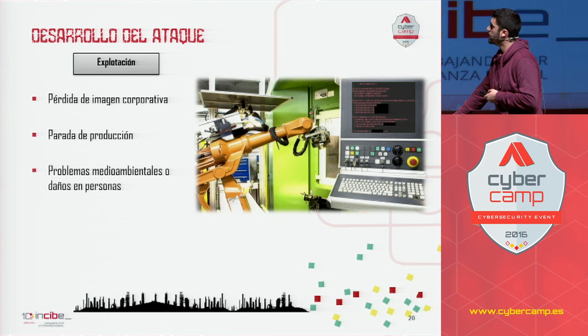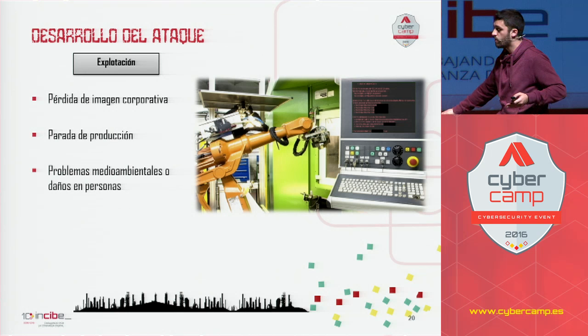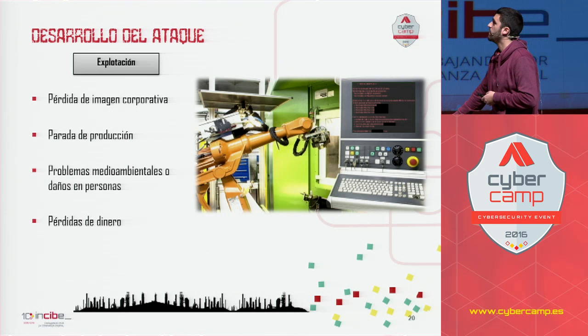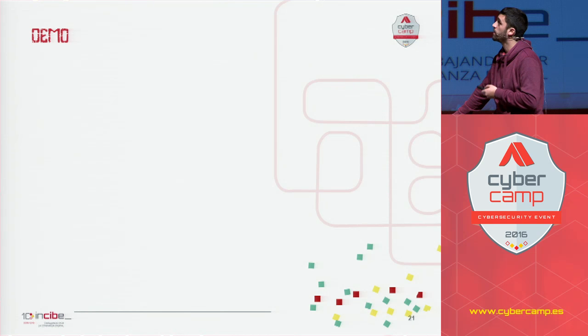If production is stopped, bad news. Environmental problems, personal damages, maybe a pipe blows up, maybe a tank blows up, or something even worse. Environmental problems and also injuries. And monetary loss. Lots of money can be lost.